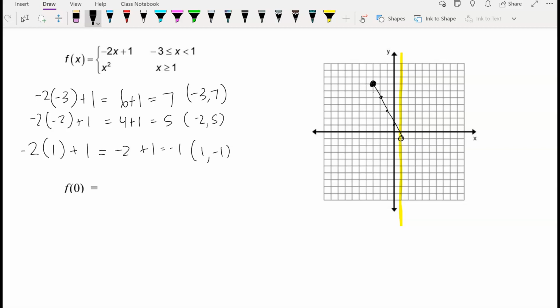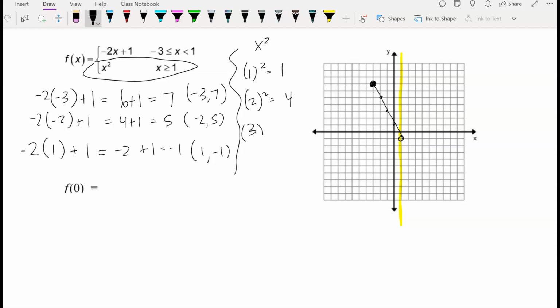And then from 1 to infinity, on the other side where x is greater than 1, it's x squared. So at 1, 1 squared is 1, 2 squared is 4, 3 squared is 9. So at 1, we're at 1, and we're going to be a solid circle.